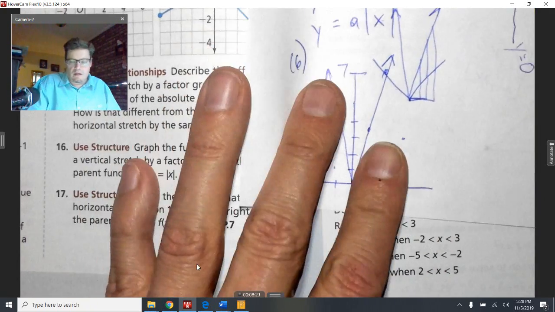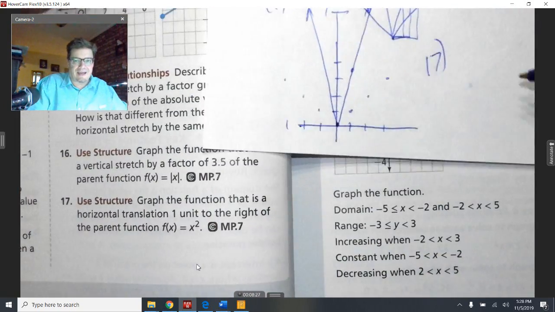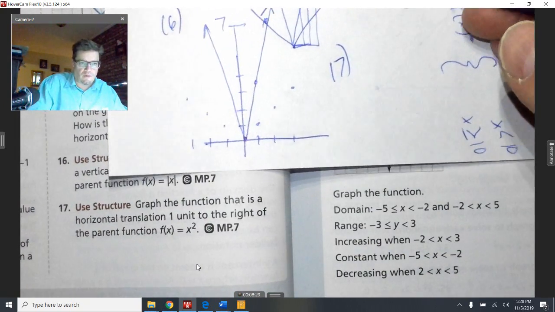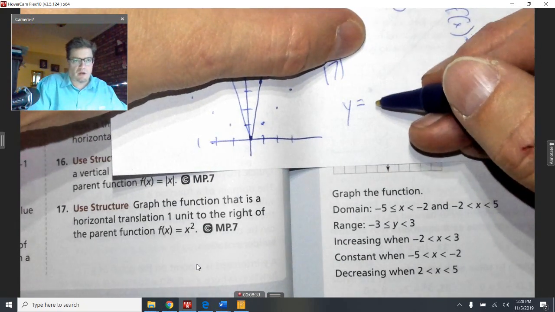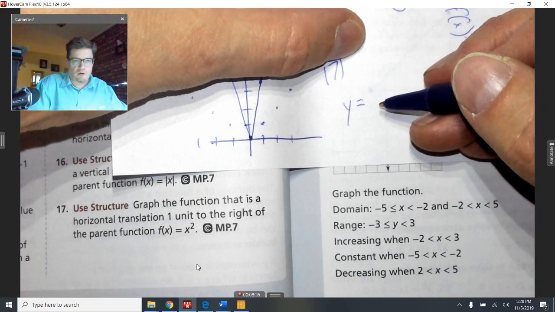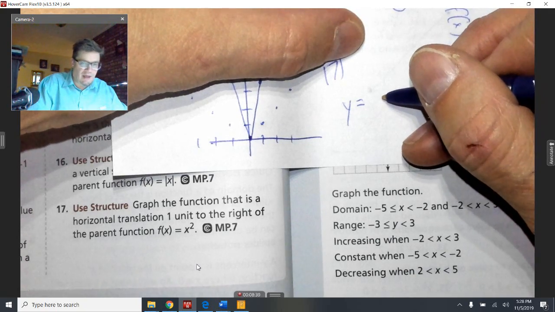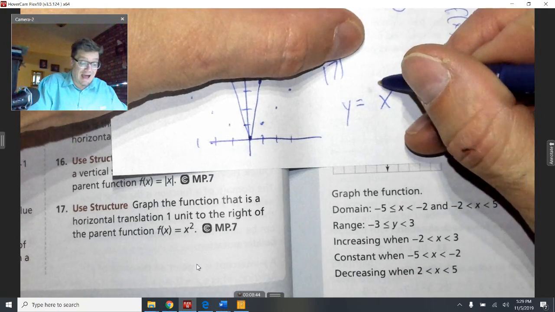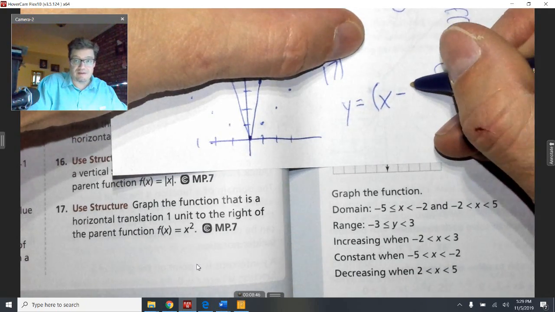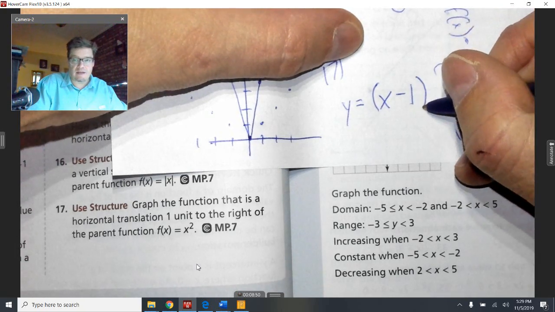Which means that in 17, I want this guy to actually move to the right, so that implies no change on a widening or tightening, no vertical or horizontal stretch or compression, but I will have x squared. But because I'm moving to the right, I have to stay inside the parentheses. And if I'm only moving 1 unit, then I will move to the right, x minus 1.